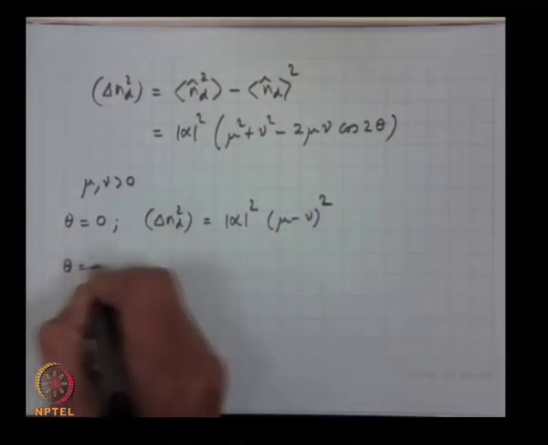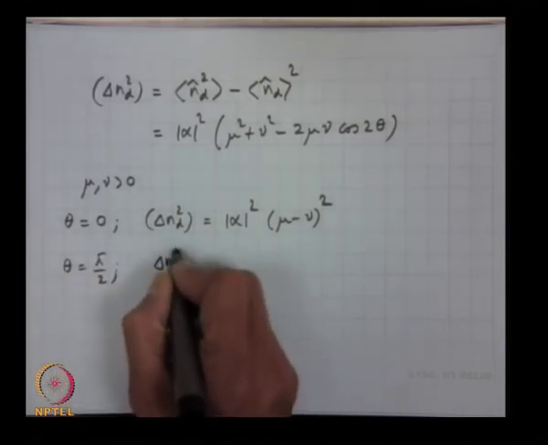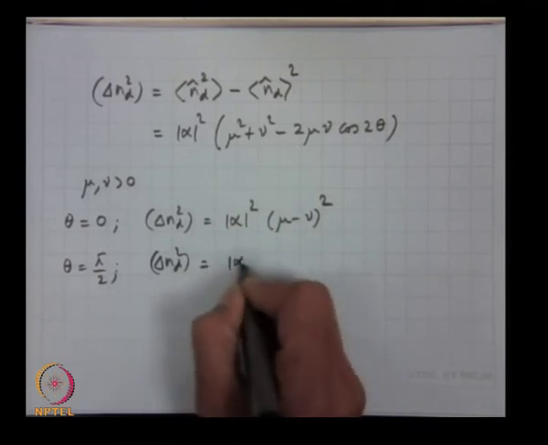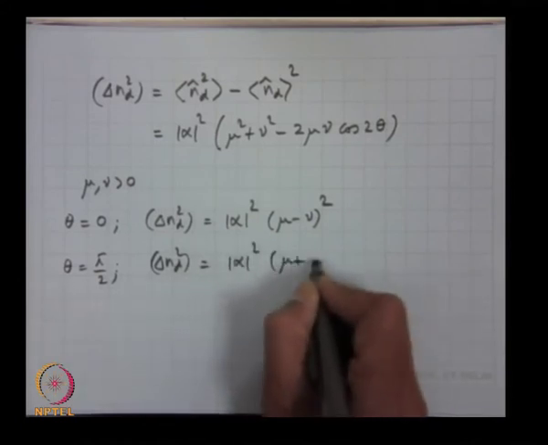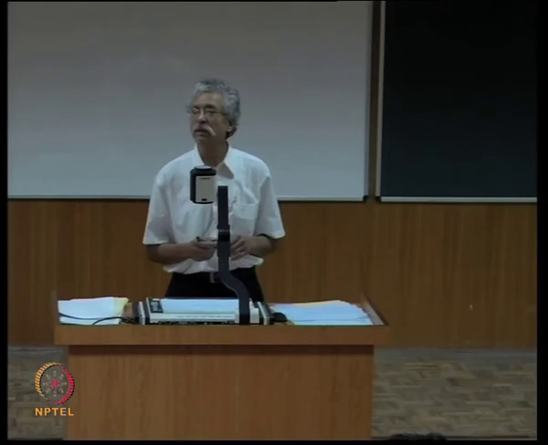If theta is equal to pi by 2, delta nd square becomes mod alpha square into mu plus nu whole square. And remember, because mu square minus nu square is equal to 1, we had written mu as cos hyperbolic sigma and nu as sin hyperbolic sigma.